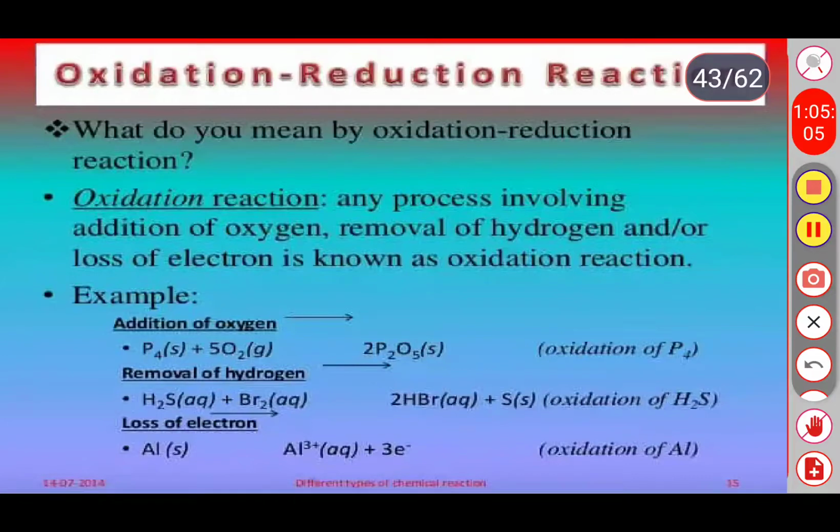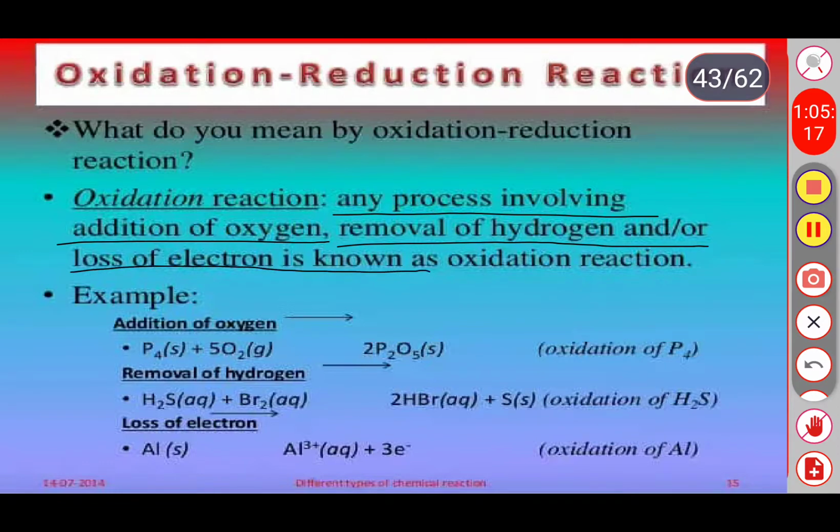So for oxidation reaction, you just need to concentrate on these 2 points. Either add oxygen or remove hydrogen is called an oxidation reaction.